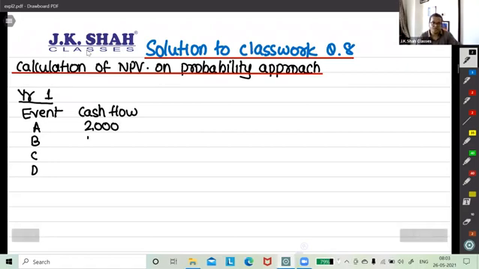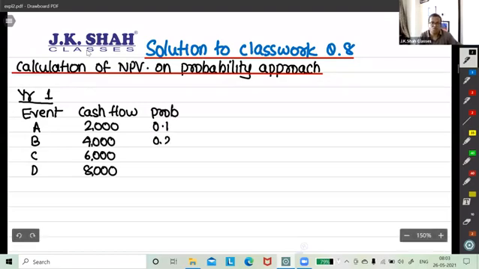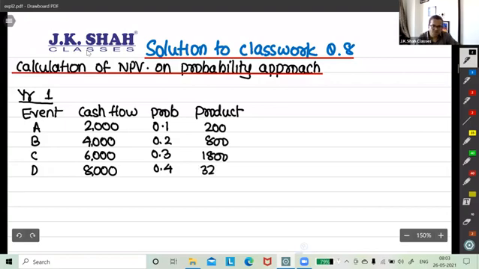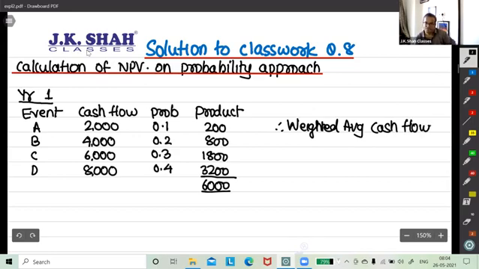The cash flows are 2,000, 4,000, 6,000, 8,000. The probabilities are 0.1, 0.2, 0.3, 0.4. Products are 200, 800, 32. Cash flow of year 1 would be 6,000 upon 1.